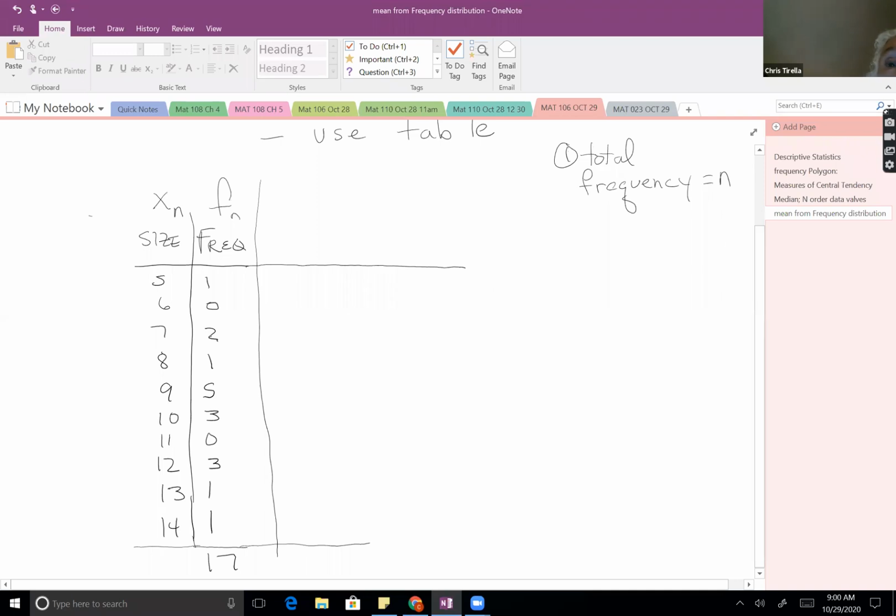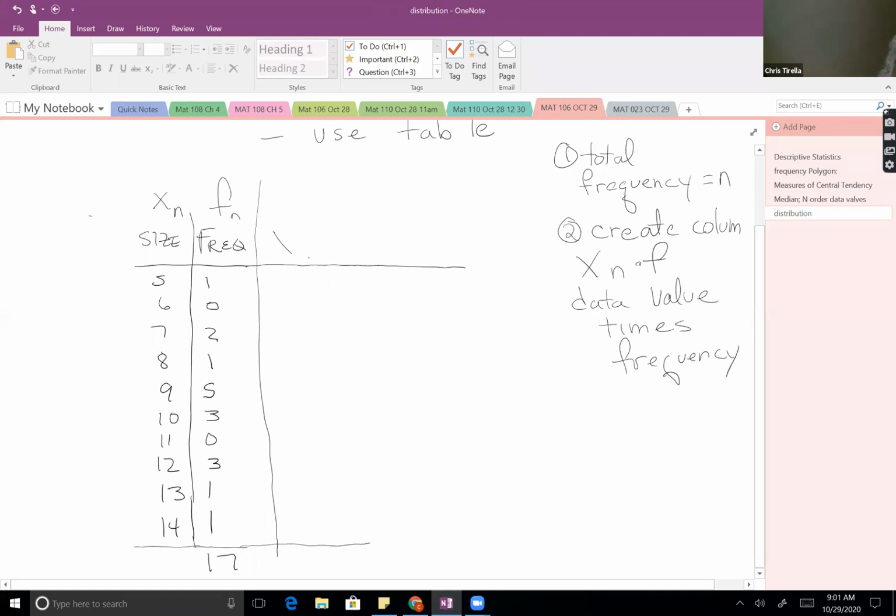And that would be 2 people. So the next thing I want to do is I want to go through and I want to create that extra column, which is the data value times its frequency. And so I'll call that X times F.